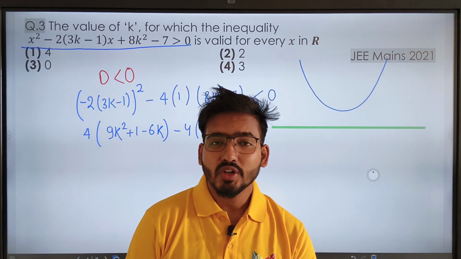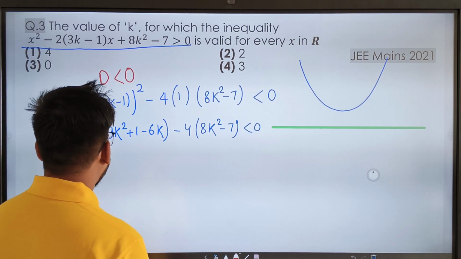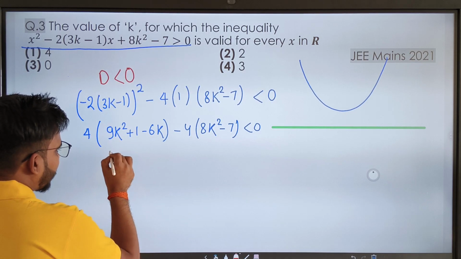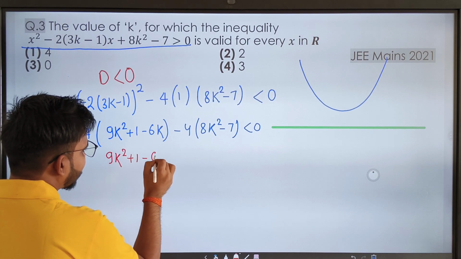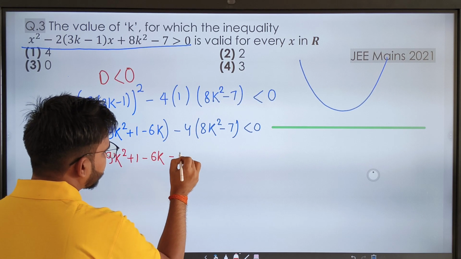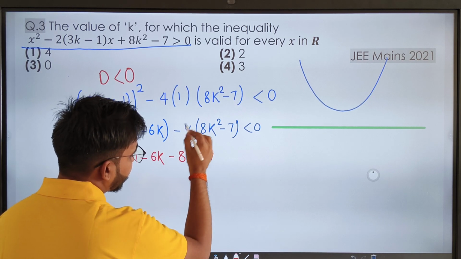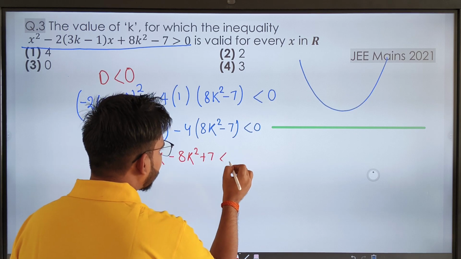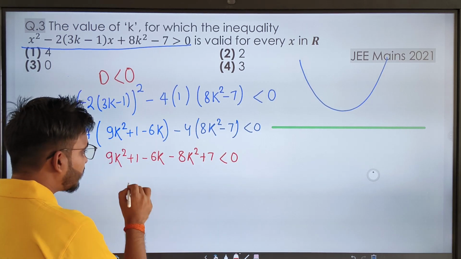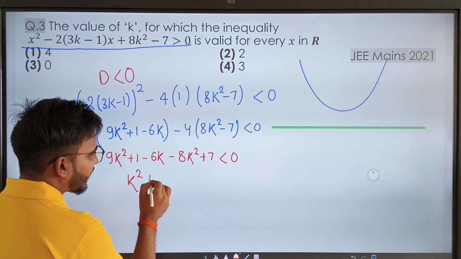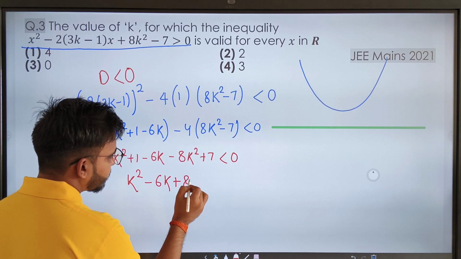Because 4 is a positive real number. So it is going to be 9k square plus 1 minus 6k, and minus of 8k square plus 7, less than 0. Now 9k square minus 8k square is going to be k square, and minus 6k plus 8.